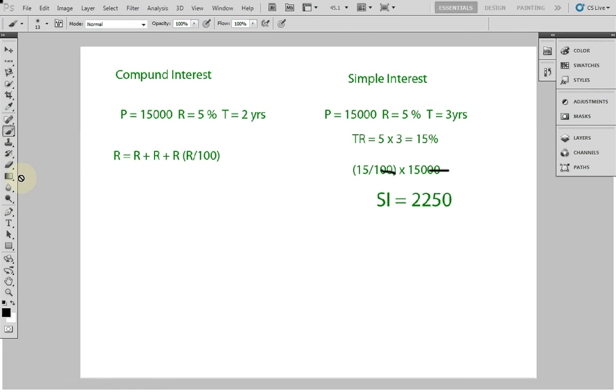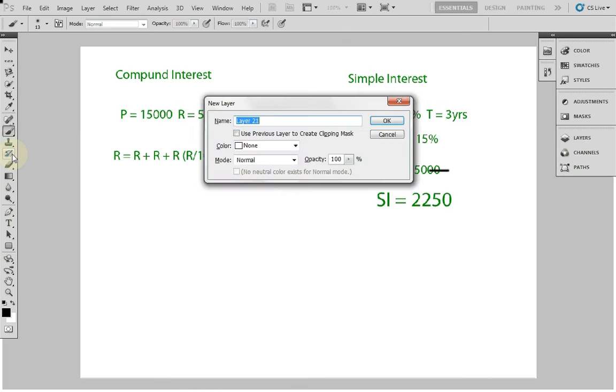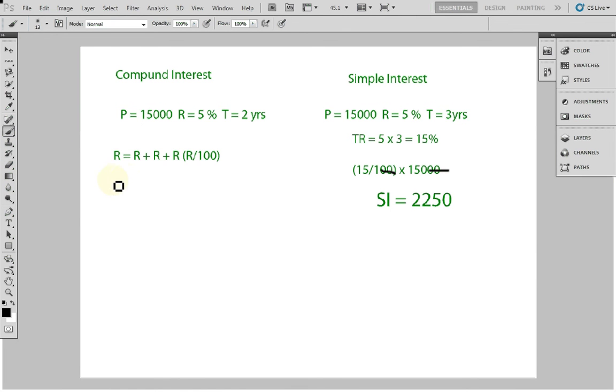Did you get why I wrote it like this? This first r is the rate of interest for the first year. This part is for the second year.